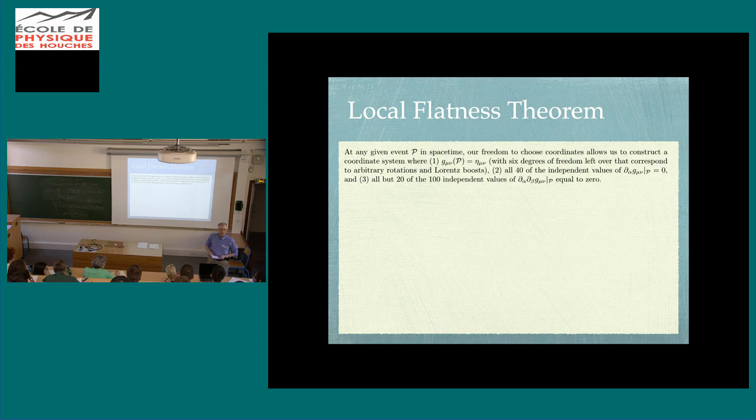But what your coordinate freedom does not allow is to set all the double derivatives of the metric to 0. You can set 80 of them equal to 0, but there are 100 of them. And no matter what you do with coordinates, you got 20 independent values of the double derivatives left that you cannot set to 0.